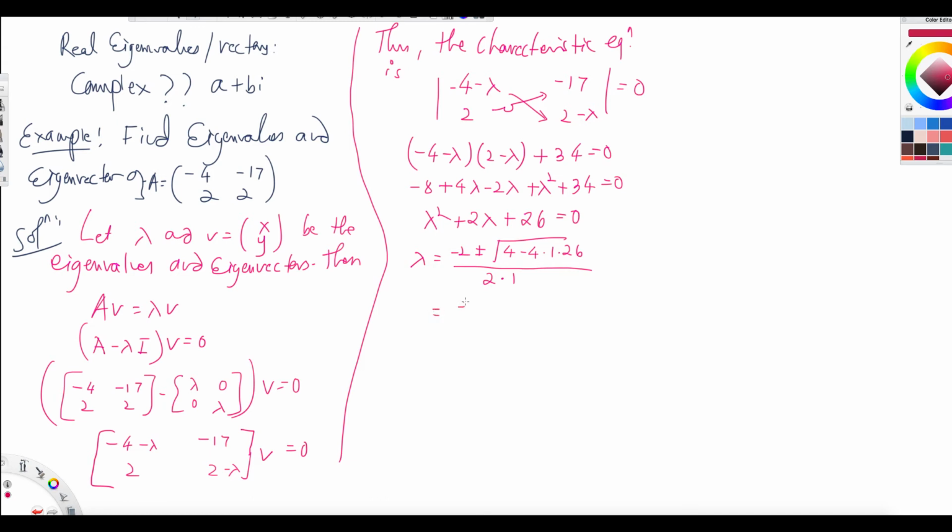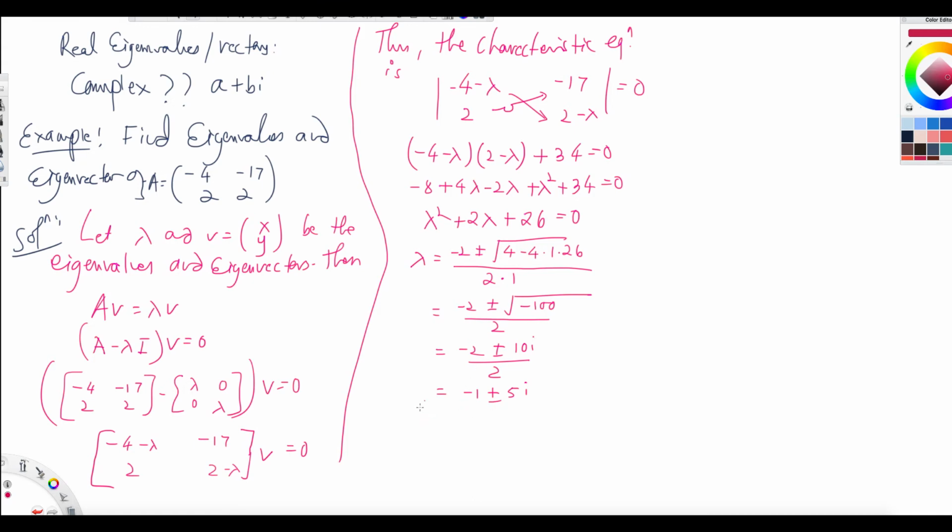So it is -2 plus minus the root of 4 minus 104, which is -100, divided by 2. What do you get? You get -2 plus minus the root of -100, which is 10i, divided by 2. So that will be -1 plus minus 5i.